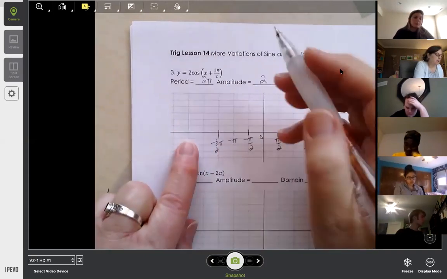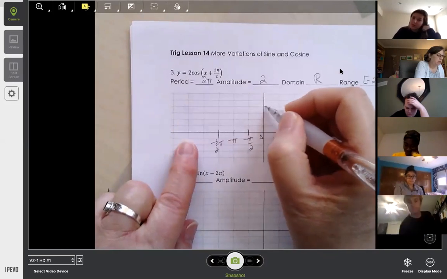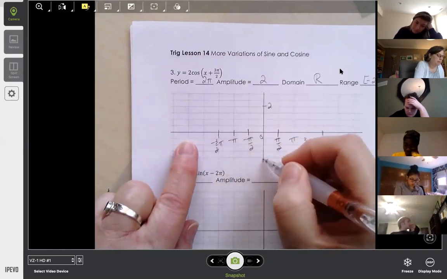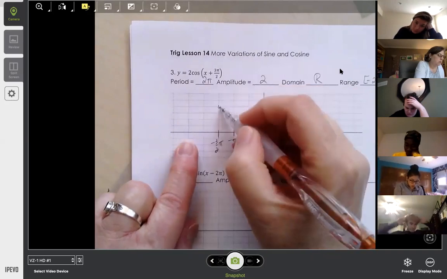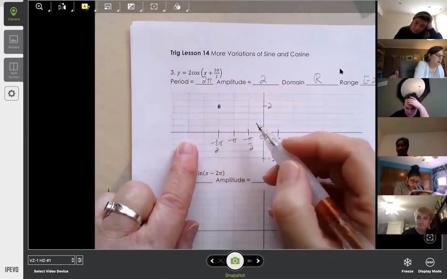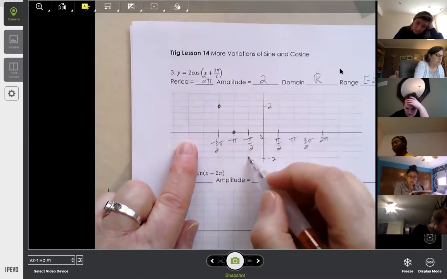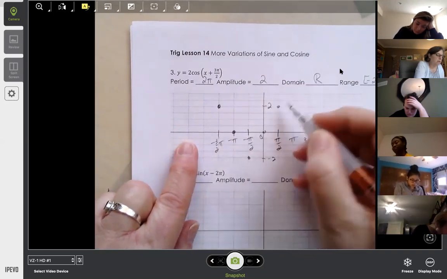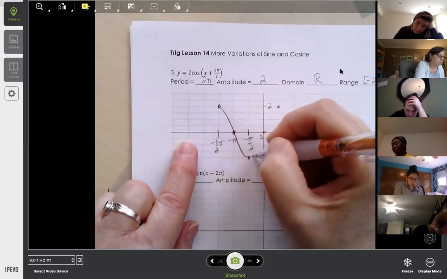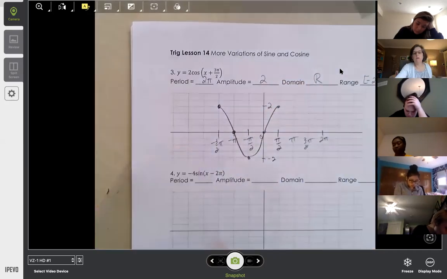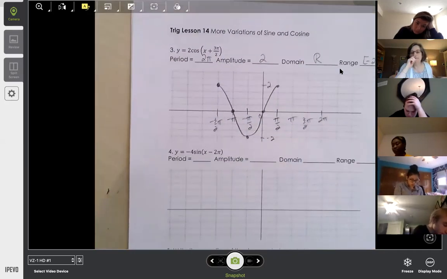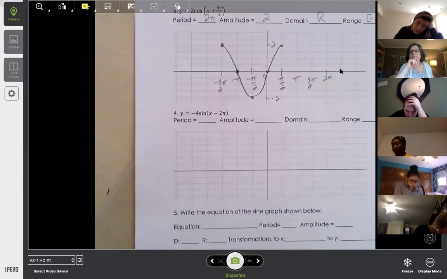It's cosine. We need to start at 2. So up here, hit 0, hit a low point, hit 0, hit a high point, sketch it in. There's our cosine graph. All right, questions?